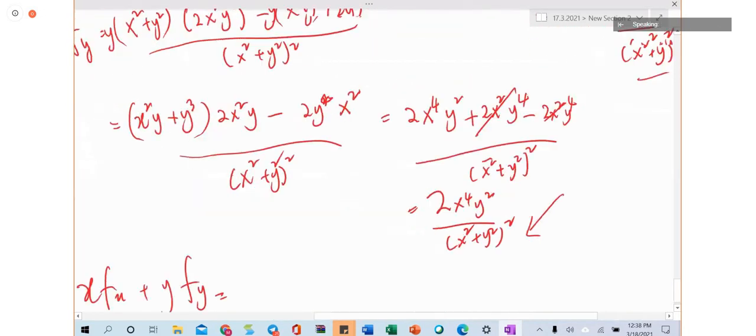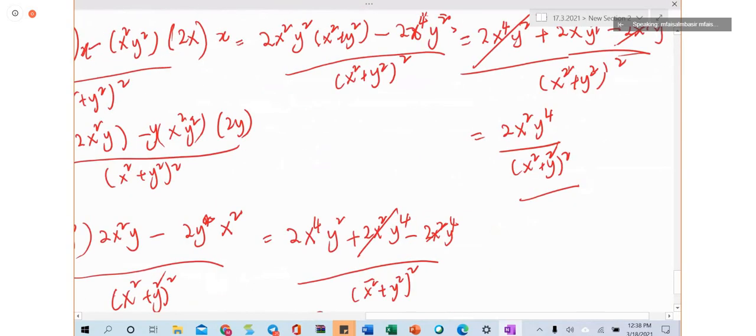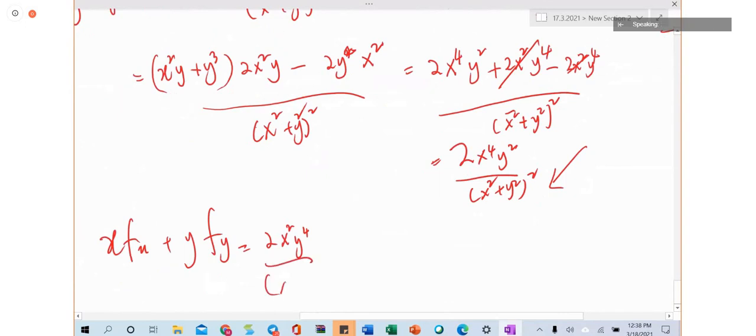Here will be 2x squared y to the power 4 plus 2x power 4 y power 2 over x squared plus y squared squared.